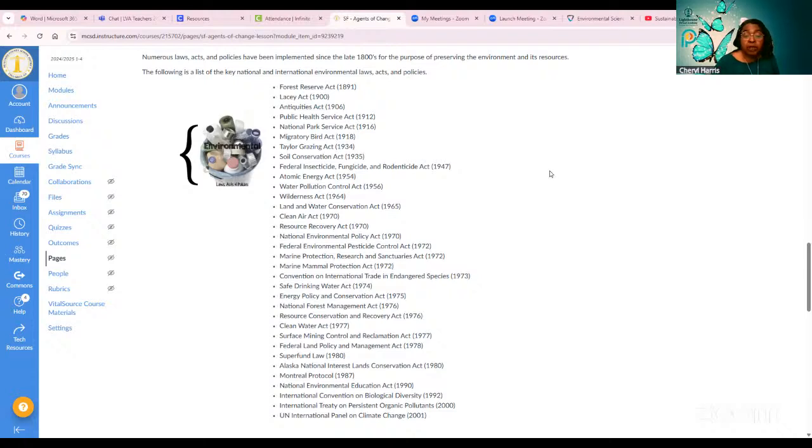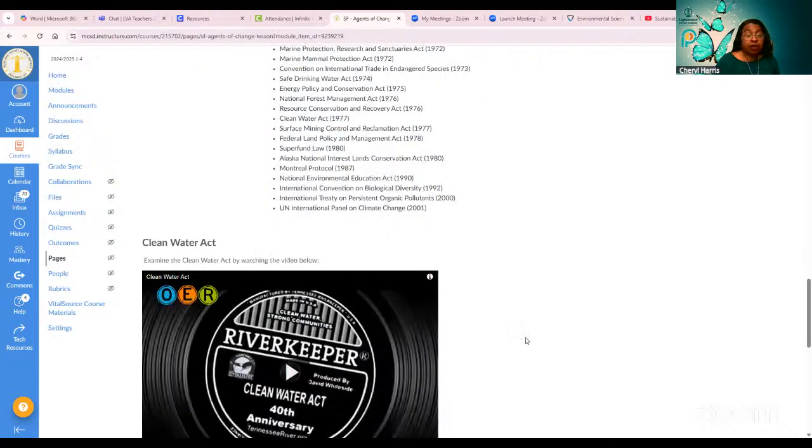Some of them are okay. We haven't looked at this one now. We haven't changed our pesticide policy since 1972. Like I said, some of these are older than you. So that's how ancient these acts are.